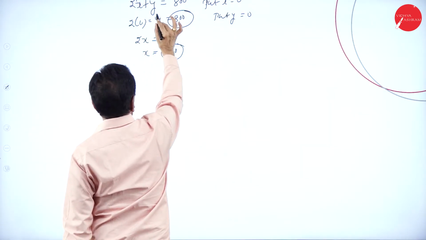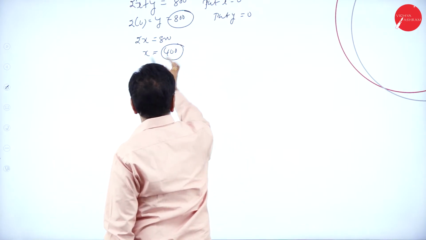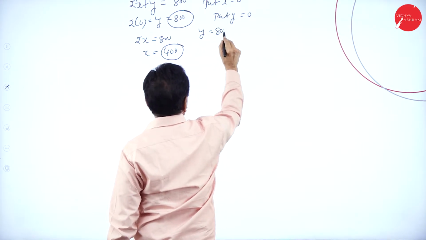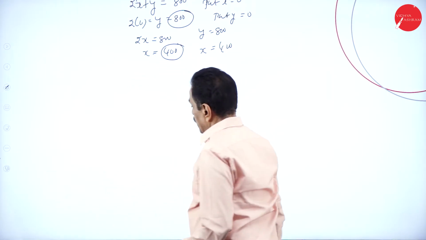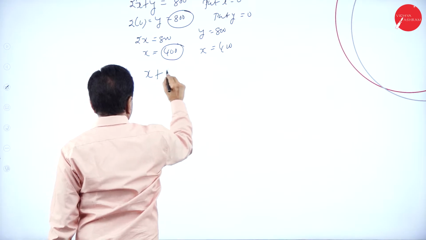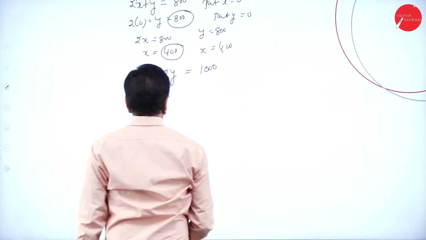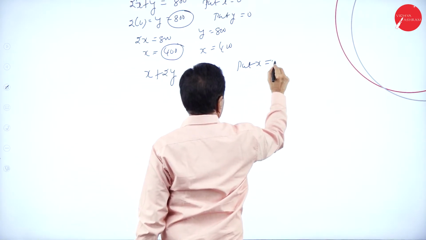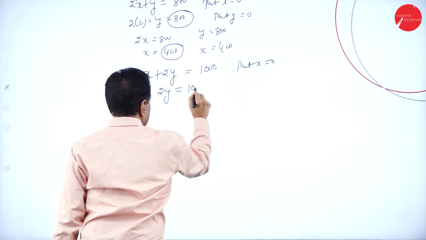Put x is equal to 0, y is equal to 800. Put y is equal to 0, 2x is 800, so x is equal to 400 in the first equation. In the second equation, x plus 2y is equal to 1000. Put x is equal to 0, 2y is equal to 1000.